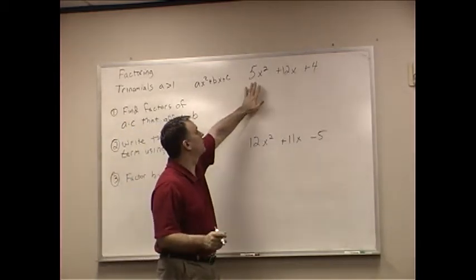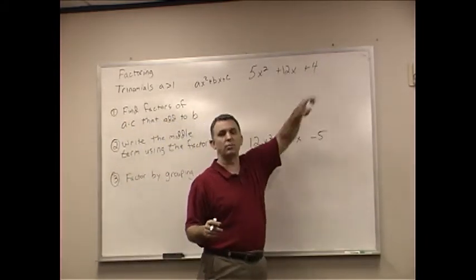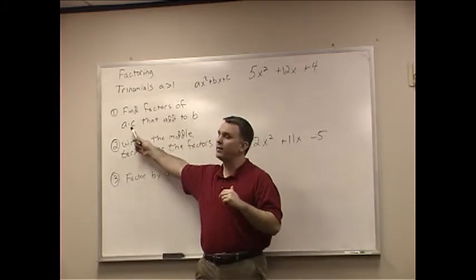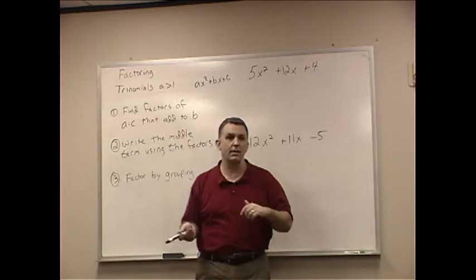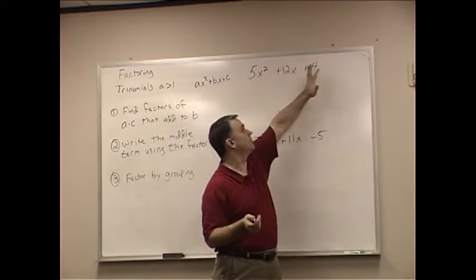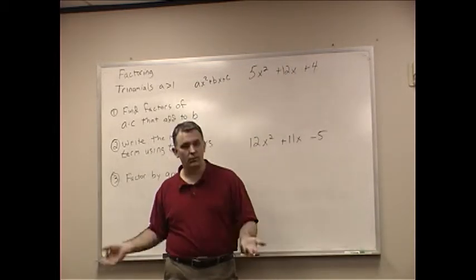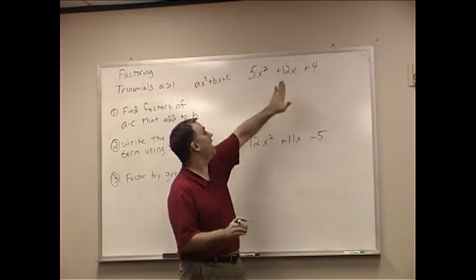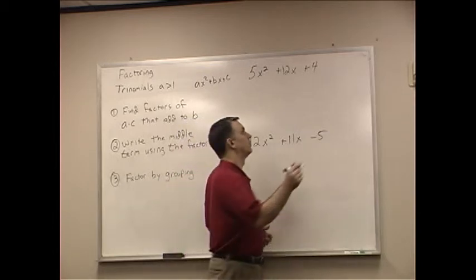I've got 5x squared plus 12x plus 4. The first part, find factors of a times c that add to b. Well, a times c is 20. 5 times 4 is 20. I need factors of 20 that add to be 12.